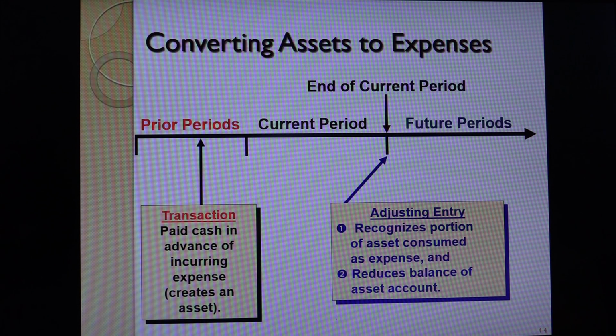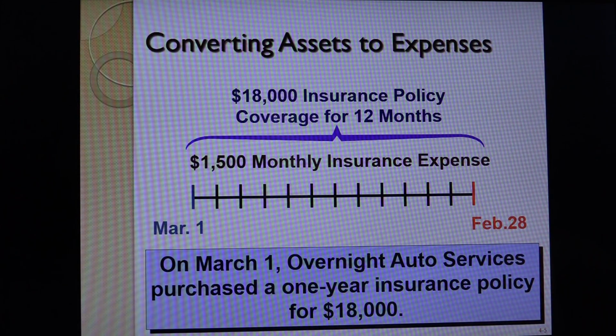And so the adjusting entry recognizes the portion of the asset consumed as an expense and reduces the balance of the asset account and increases the balance of the expense account. So the example they use here is an $18,000 insurance policy coverage for 12 months starting March 1st through February 28th.